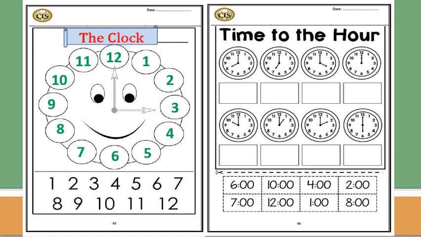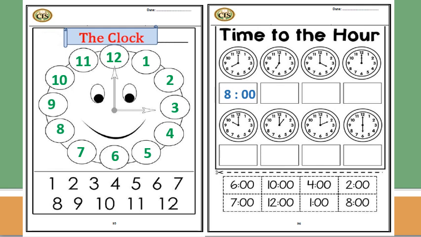Page number 96, we have here groups of different clocks. In the first clock here, the short hand points to 8 and the long hand points to 12. In digital form, what does it mean? It means 8, 0, 0. 8 for hours, 0, 0 for minutes.